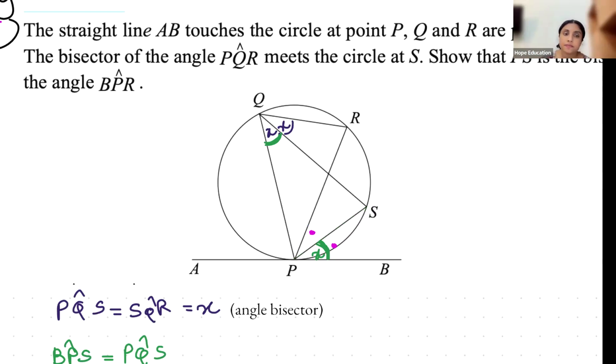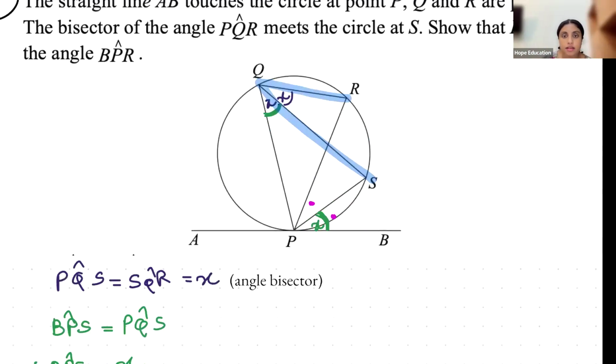බලන්න, මේ RS කියන arc එක ගත්තොත් RS වලින් circle එකට subtend කරන එක angle එකක් RQX. ඒ RS කියන එකනම angle circle එකට subtend කරන තව angle එකක් තමයි RPS.